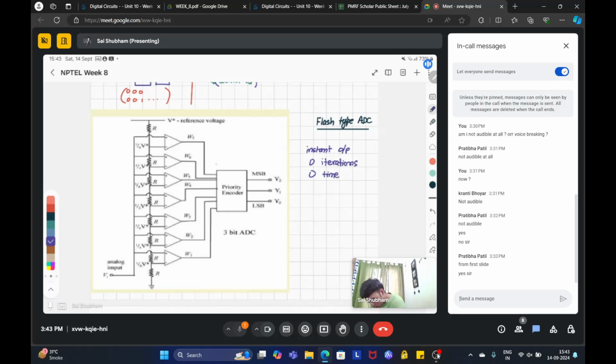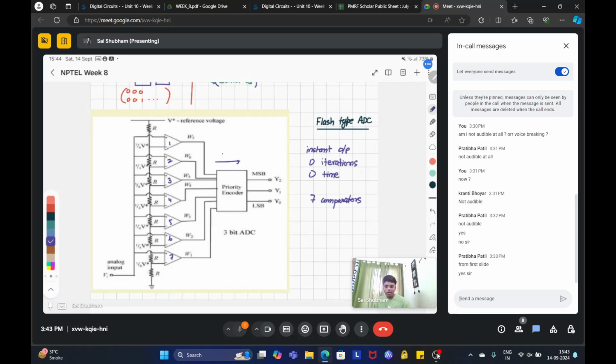Apart from what it takes to convert, it will have some minimum conversion time, but that is very small. So in this case, how many comparators do you have? You have 1, 2, 3, 4, 5, 6, 7. So you have 7 comparators. And these comparators are very huge because they are made up of op amps.